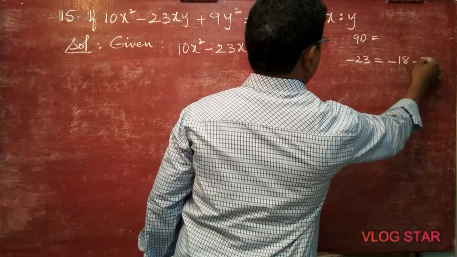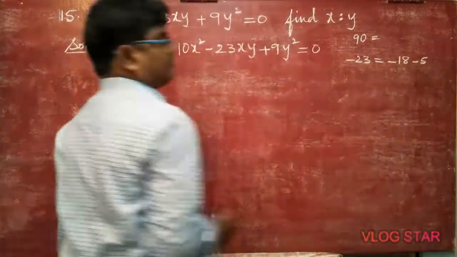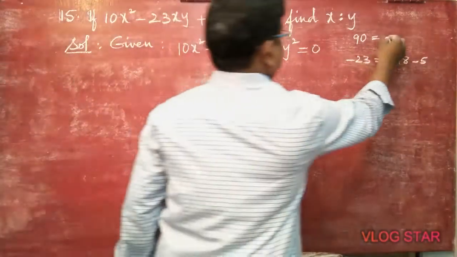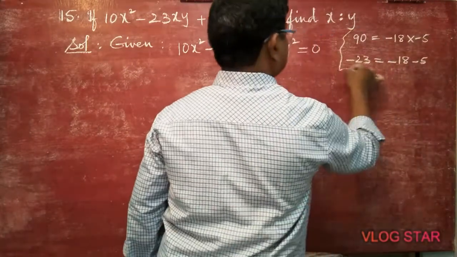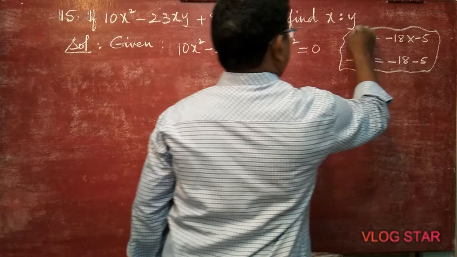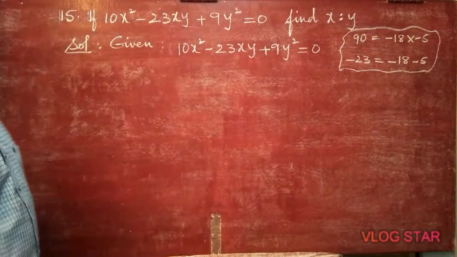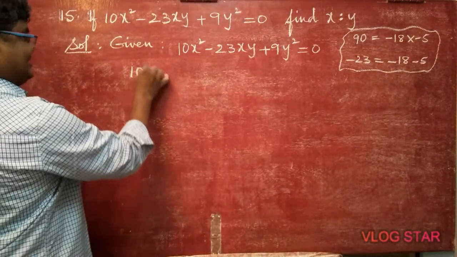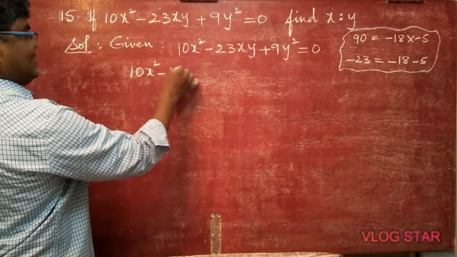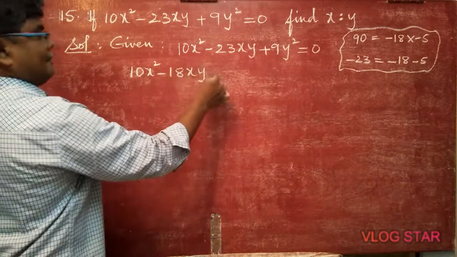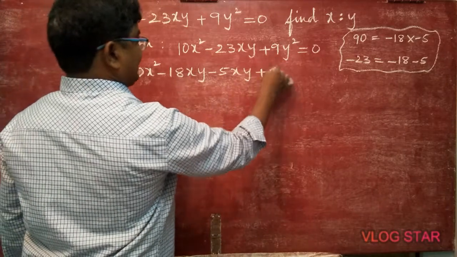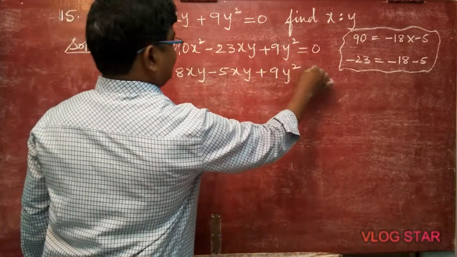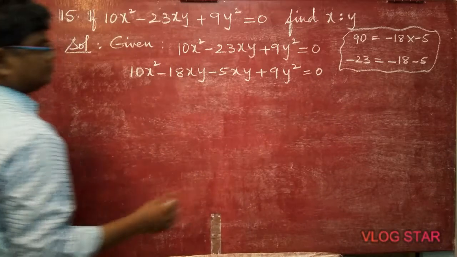Minus 18, minus 5, minus 23. Minus 18 into minus 5, minus into minus plus, 18 5s are 90. So 10x² minus 18xy minus 5xy plus 9y² is equal to 0.